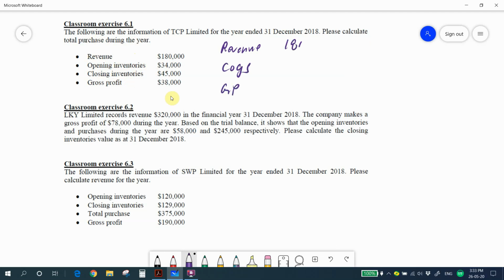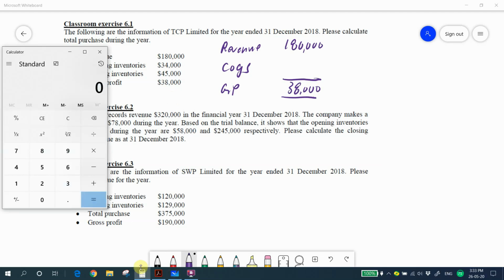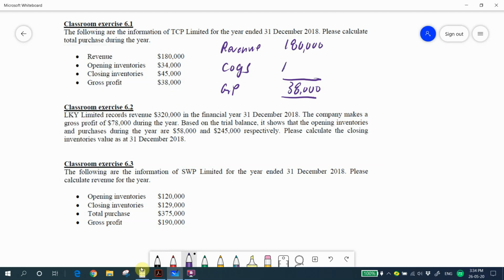Revenue is 180,000. COGS we don't know, but the gross profit is 38,000. So using the difference, we can get the COGS amount: 180,000 minus 38,000, so it's 142,000.